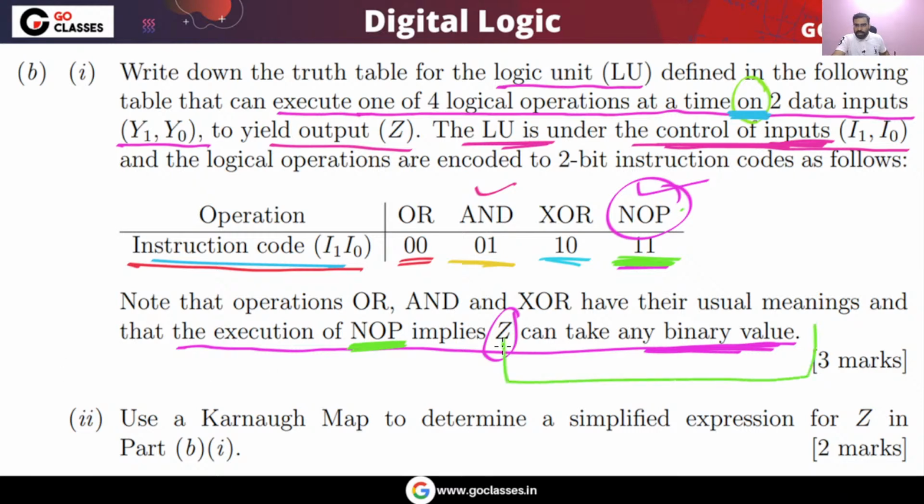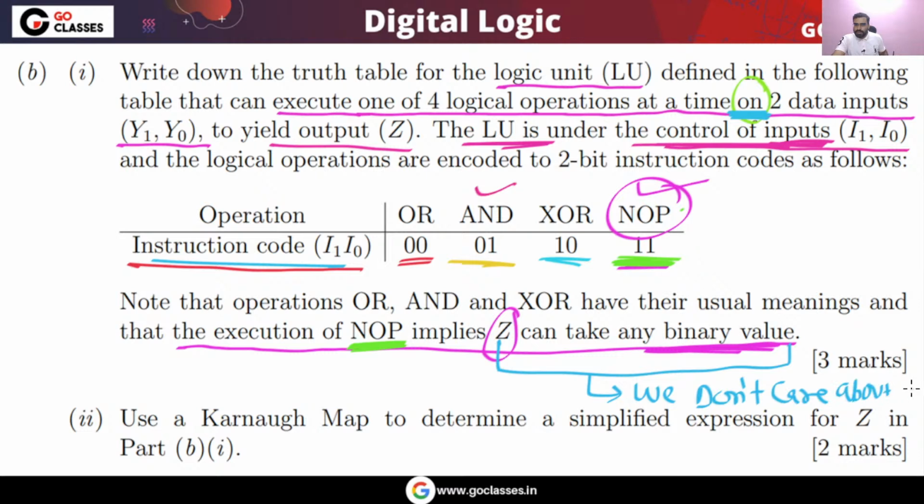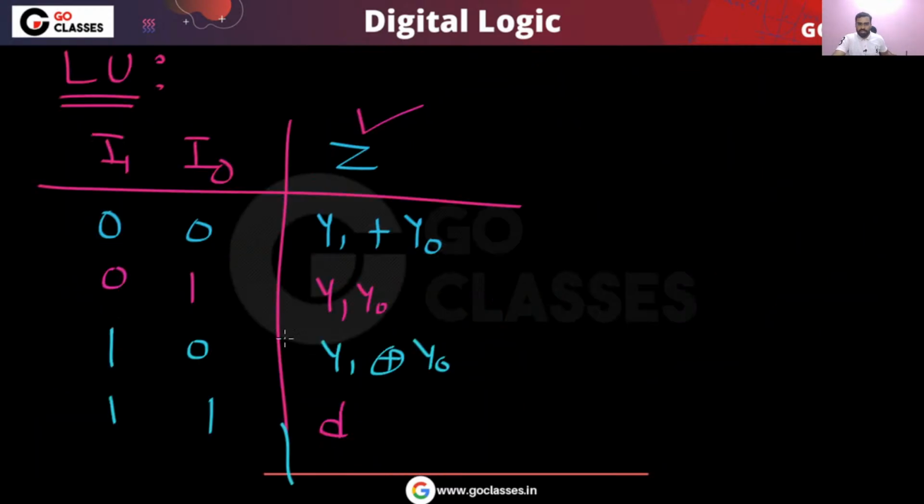This means that we don't care about Z. So in this situation, whatever Z happens, we don't care. Very simple. So this is the logical unit.